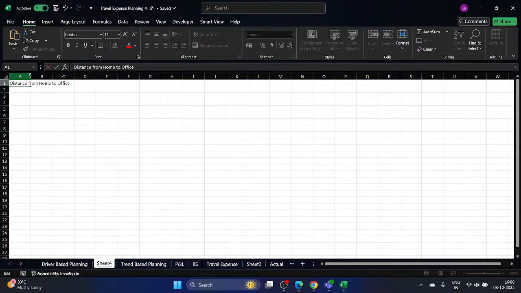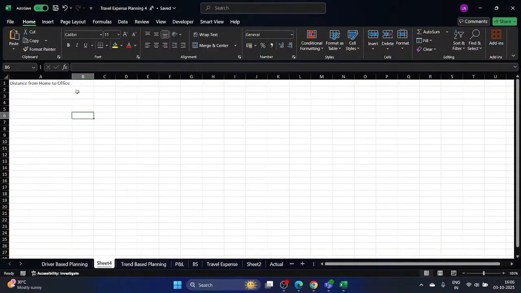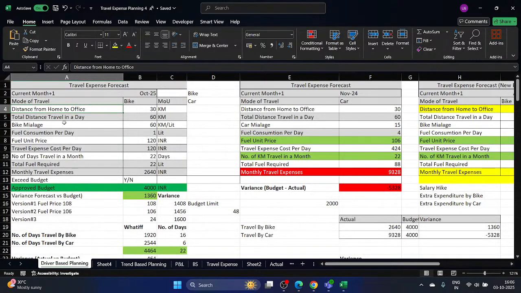This is one driver, and the resultant figure is the total distance traveled in a day.